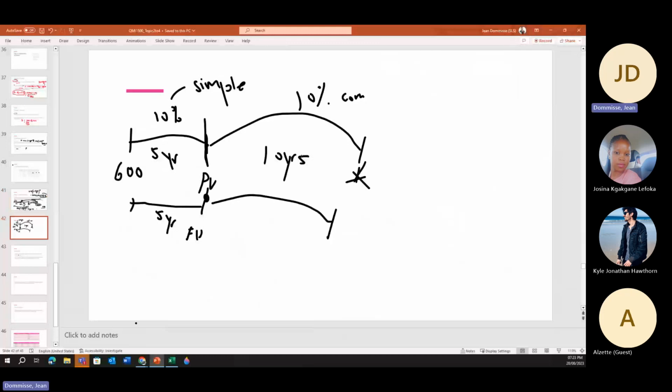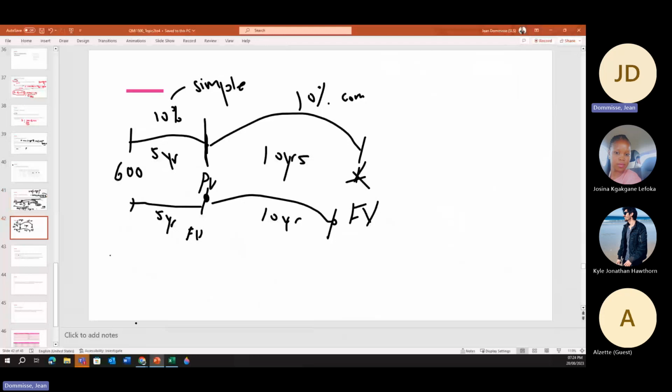Change the formula to not simple interest, but compound interest over 10 years, and then we get a future value. So you put it away for a few years at simple interest, after that 5 years you see what your value is at that point, and then you reinvest the money, and after that 10 years, again, you work out.